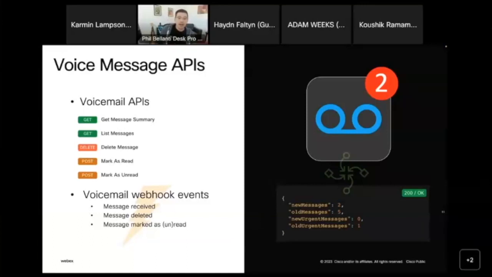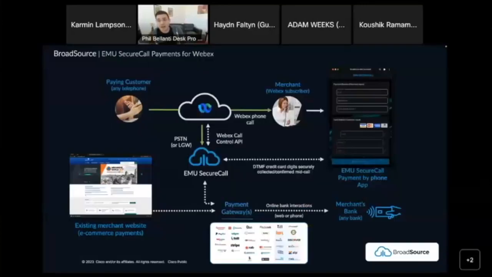So I'm going to pause there, and now I'm going to introduce one of our partners, BroadSource, who built a really cool integration using the user level call APIs. With that, I'm going to hand it over to partner BroadSource, the CEO, Haydn. Haydn, please tell us a little bit about your integration and how it works with Webex.